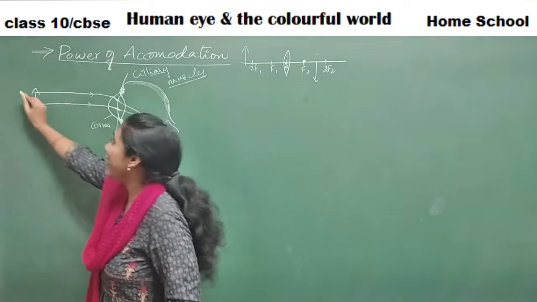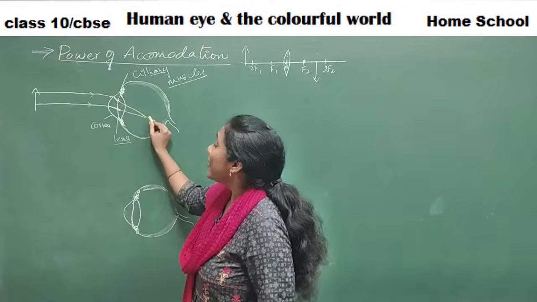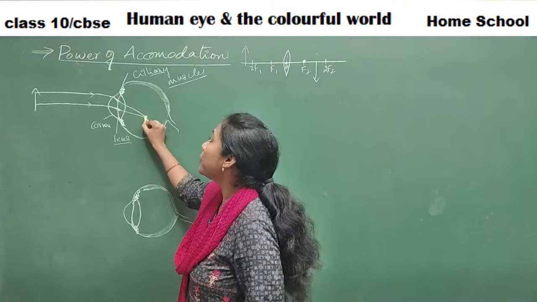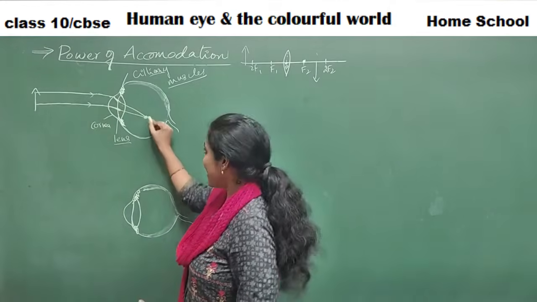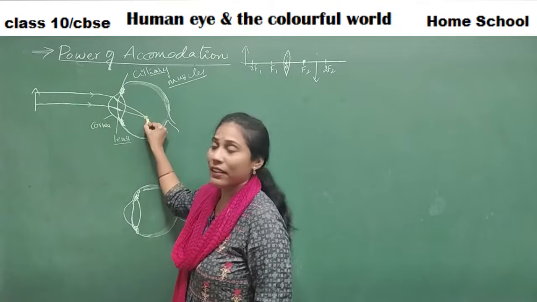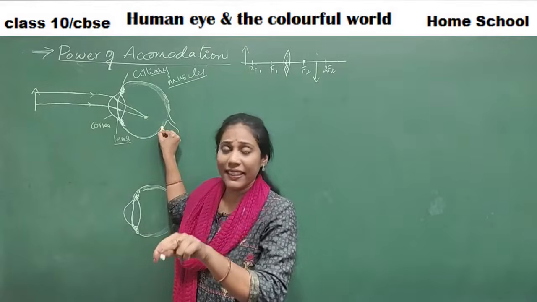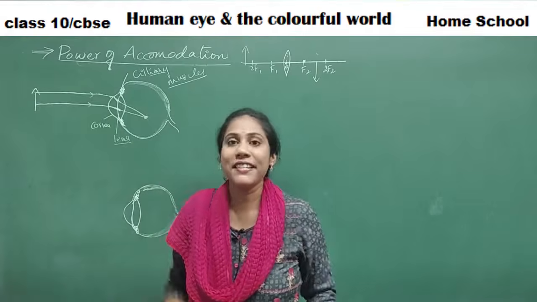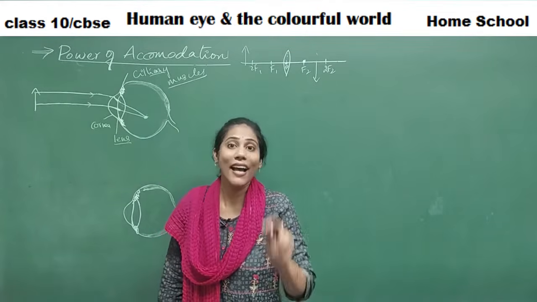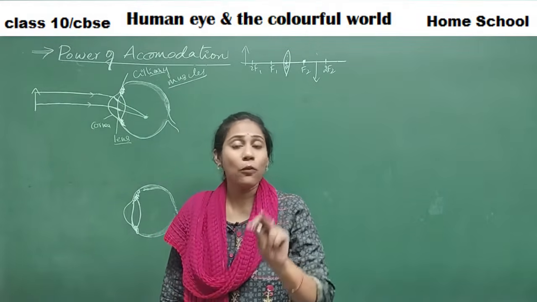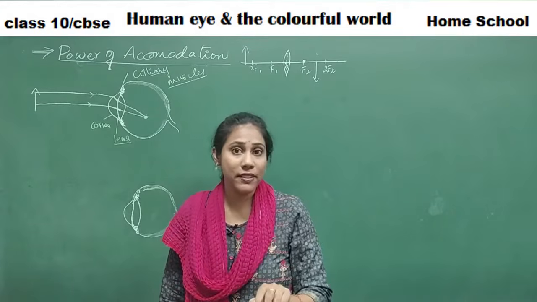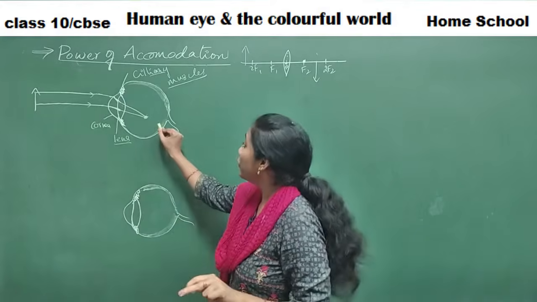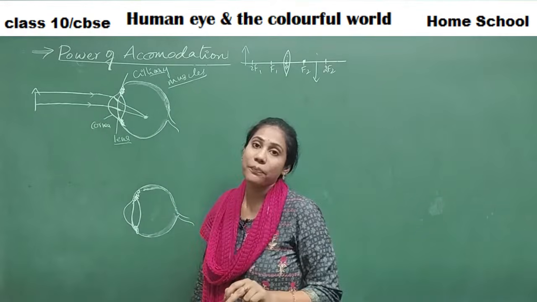Since they have already traveled from a long distance, imagine they won't pass further. They are trying to meet here, that means the image is forming here. The image has to form on the retina, right? Because the retina has light sensitive cells. I have mentioned what the cells are: rods and cones. These rods and cones, where do you find them? You will find them on the retina.